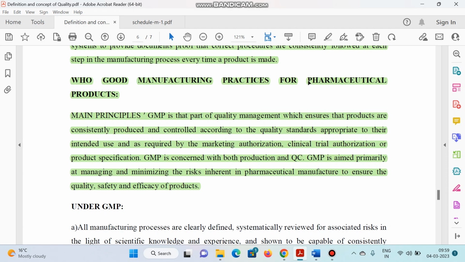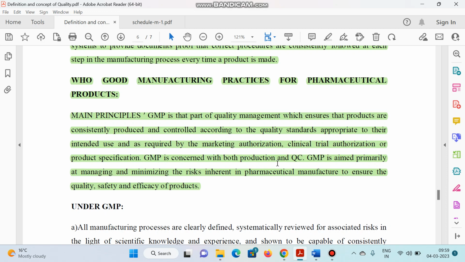WHO, good manufacturing practices for pharmaceutical products, the different guidelines given by WHO and other organizations. So the main principle: GMP is that part of quality management which ensures that products are consistently produced and controlled according to the quality standards, appropriate to their intended use, and as required by the marketing authorization, clinical trial authorization, or product specification.